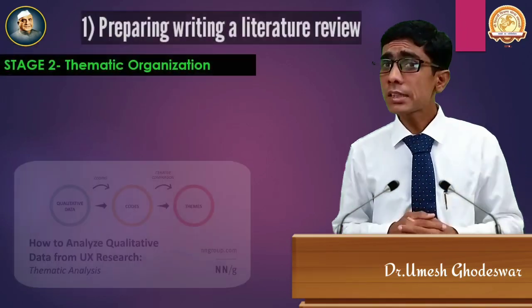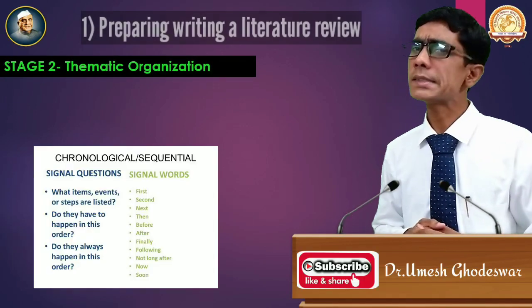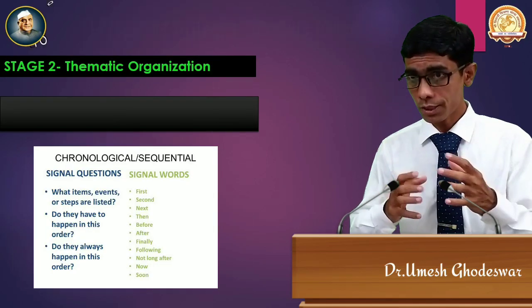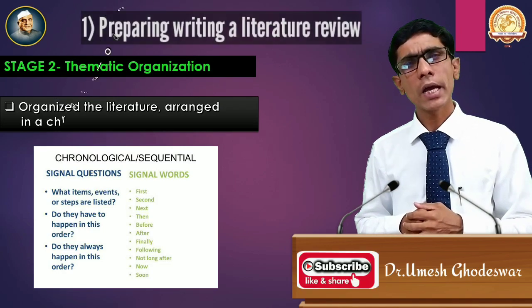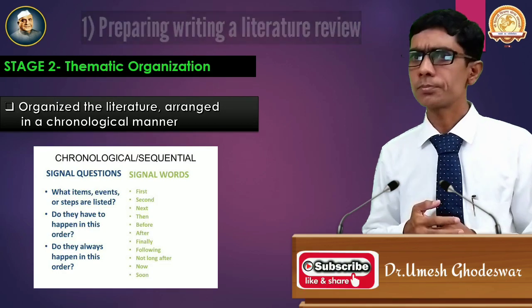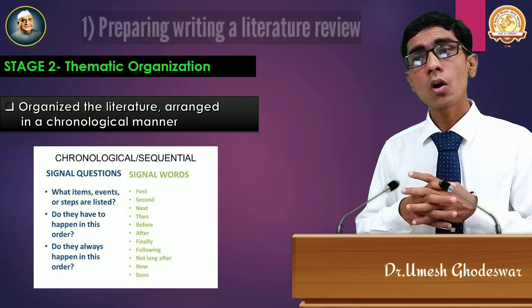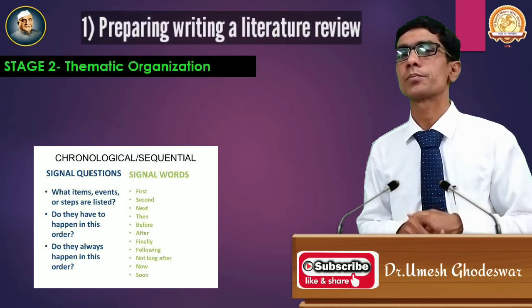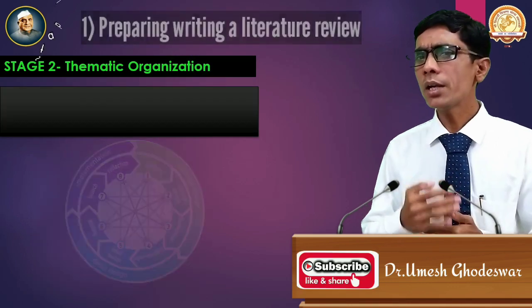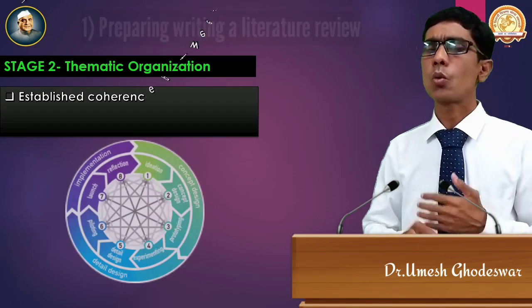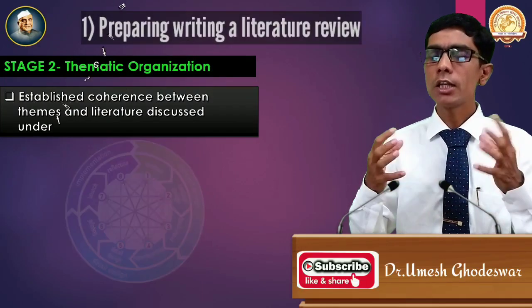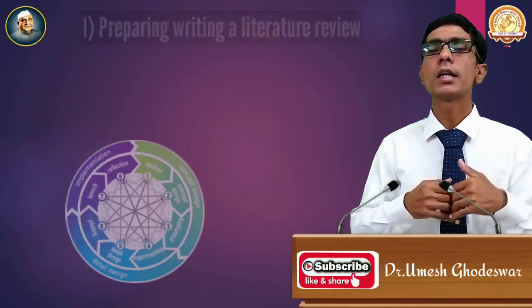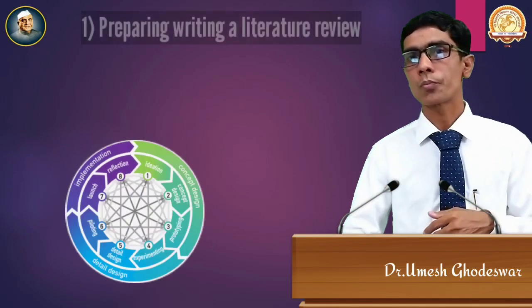Here, the researcher tries to organize the literature under themes which are related to each other and arranged in a chronological manner. The researcher tries to establish coherence between the themes and the literature discussed under these various themes.